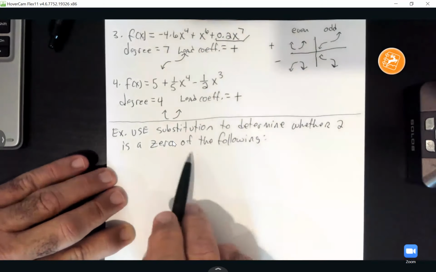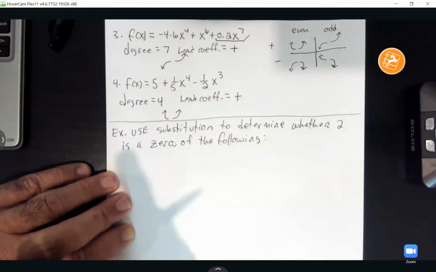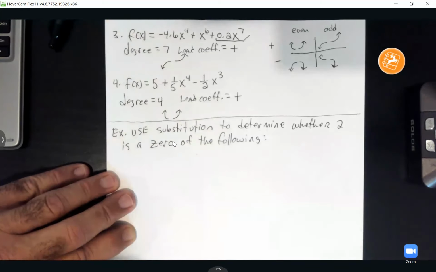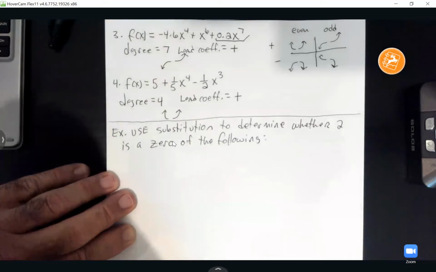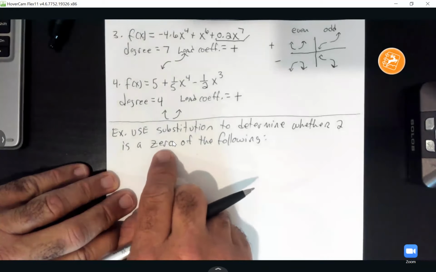Now remember, zeros are the same as solutions. Okay? So if a number is a 0 of a polynomial, that means when you plug the number into the polynomial, it has to result in the answer of 0.